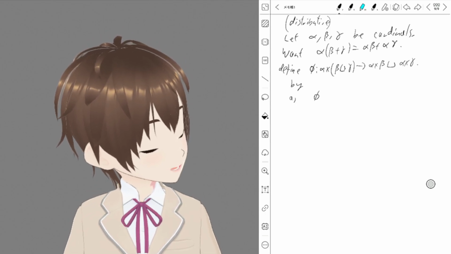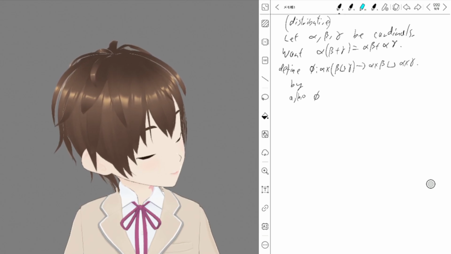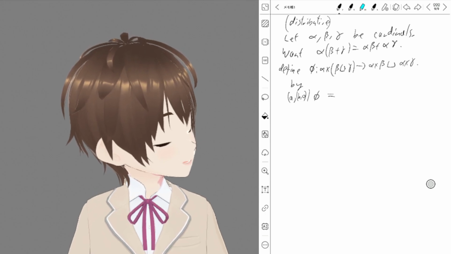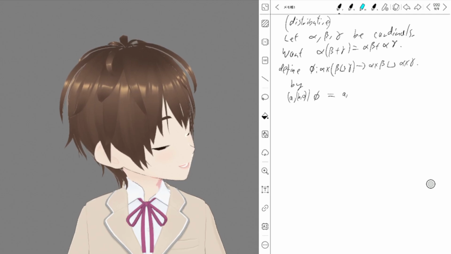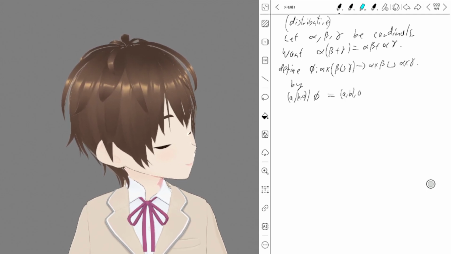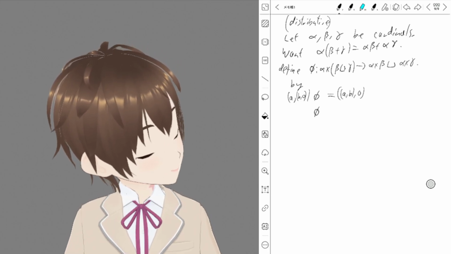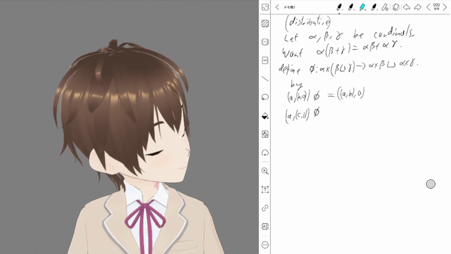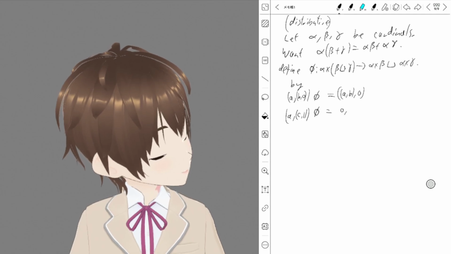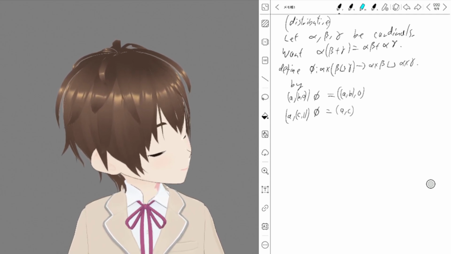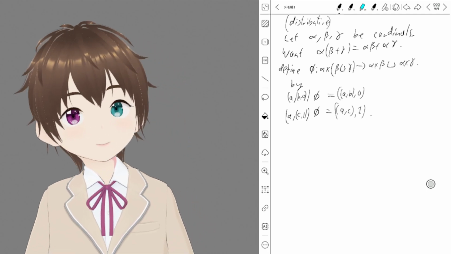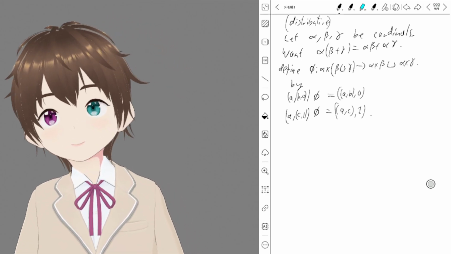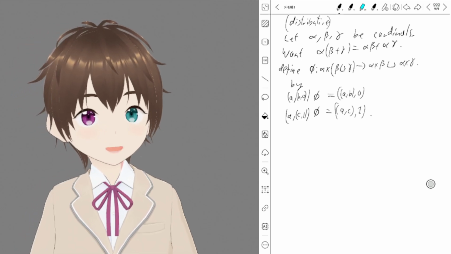So phi applied to (a, (b, 0)), I'm going to map it to the thing in the corresponding copy. So it's (a, b) with a 0 tag, and then phi of (a, (c, 1)), where it's got a thing from gamma, which has a 1 tag on it, is equal to (a, c) with a 1 tag. And as usual, this is clearly a bijection. It just describes everything on both sides. So now we have all our basic properties of arithmetic, which is pretty cool.